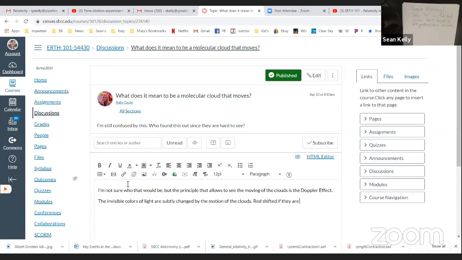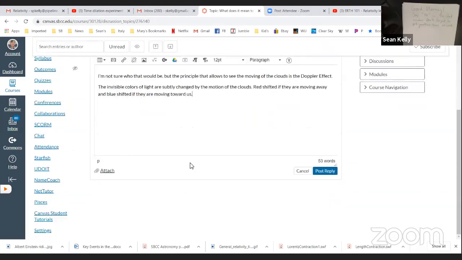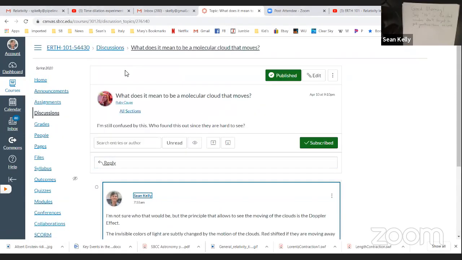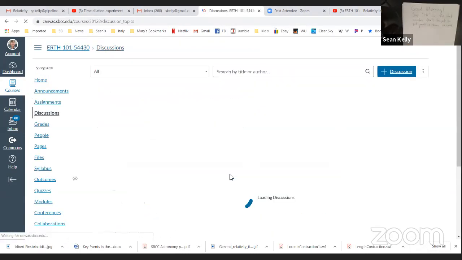If they are moving away, and blueshifted if they are moving towards us. Okay, so that's actually how we know that they're moving, and that's true for any of the clouds. Okay, so let's see the next question.